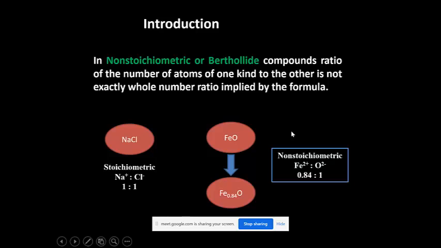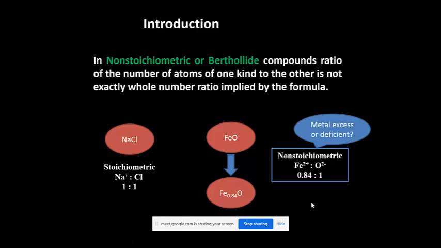So O2- is oxide, O- is peroxide, and O2- is superoxide. You should know about the oxidation states of oxygen, which can range from -2, -1 to +1. So that was about non-stoichiometry.